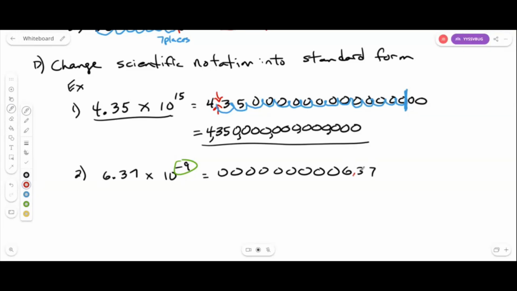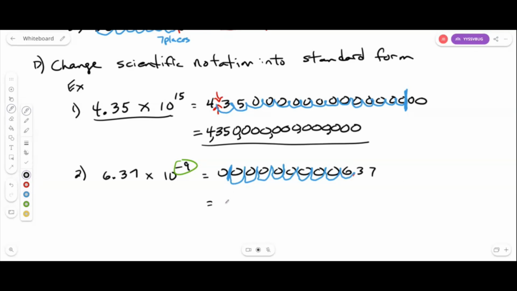Right now, the decimal place is sitting right there. I need to move it 9 places. So if it's sitting here right now, 9 places would be 1, 2, 3, 4, 5, 6, 7, 8, 9, right there.